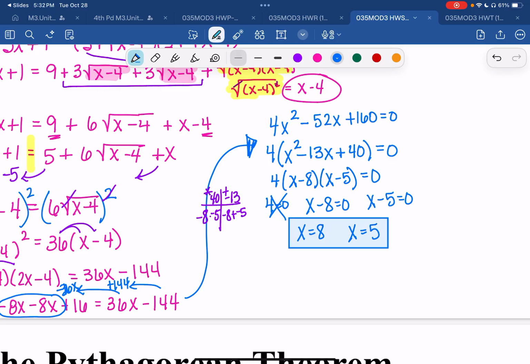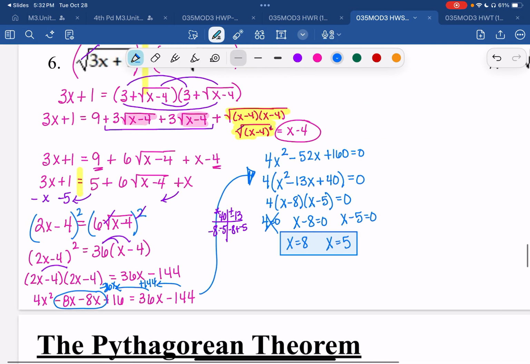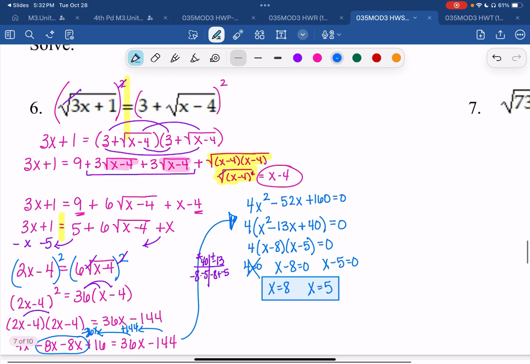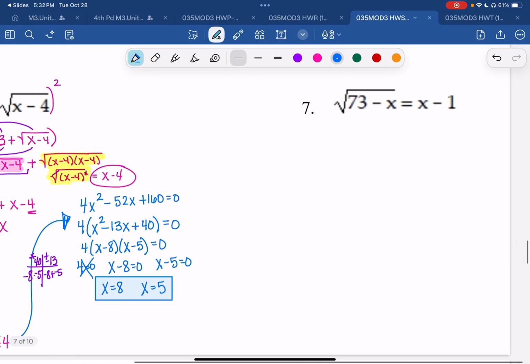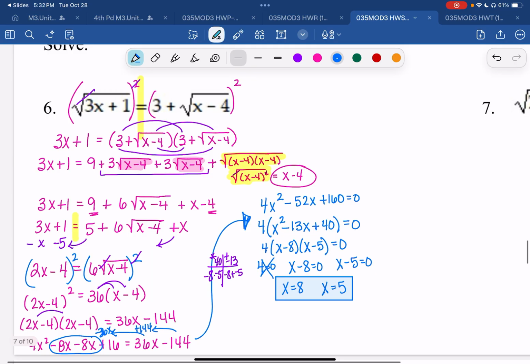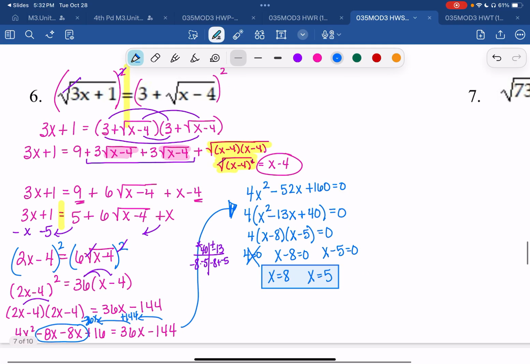And then to check those, we would just plug them both back in to the very beginning. I know that was a long problem, so if you need to go back and rewatch it and slow it down, I absolutely suggest that.